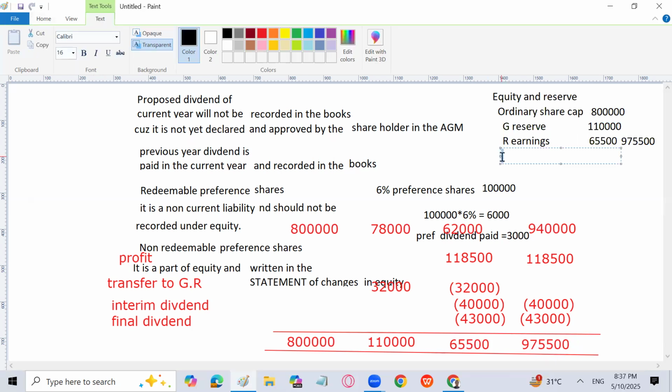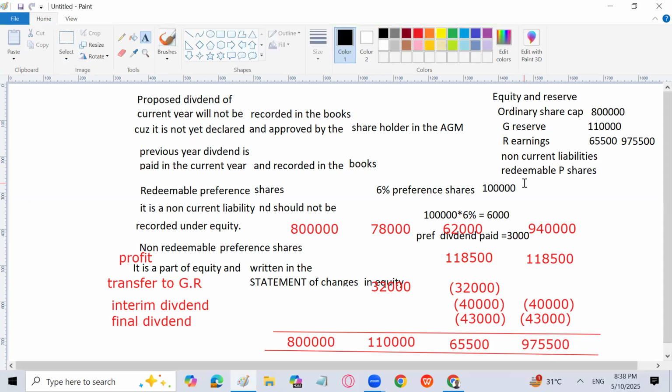But if we have to write non-current liability, always remember that it is a possibility. Then you have to write redeemable preference shares in this. And there also comes debenture if given in the question.